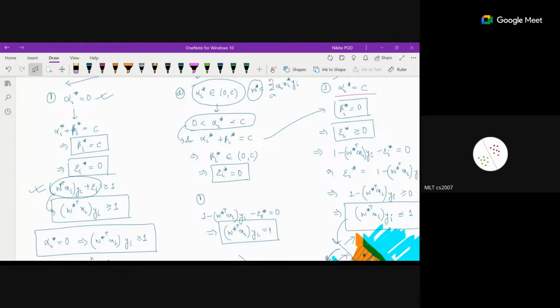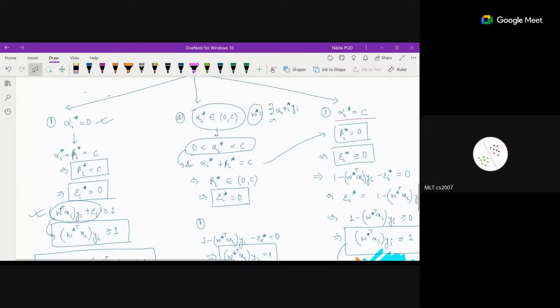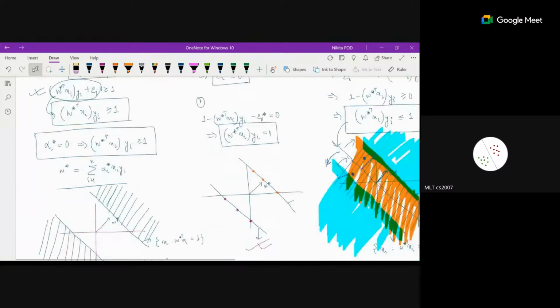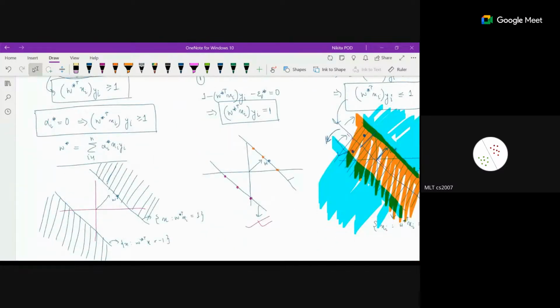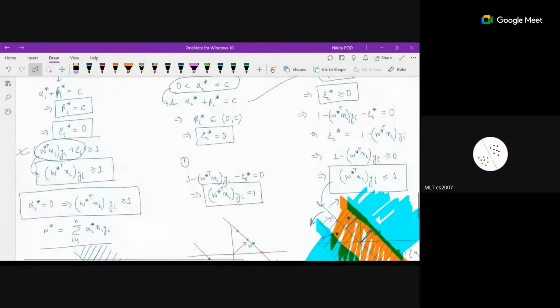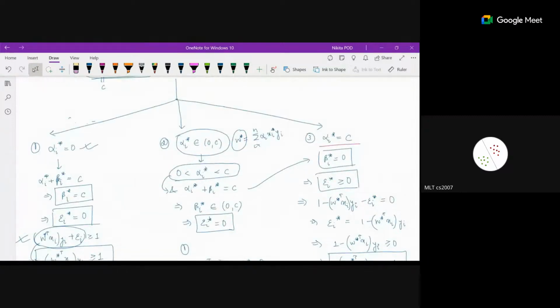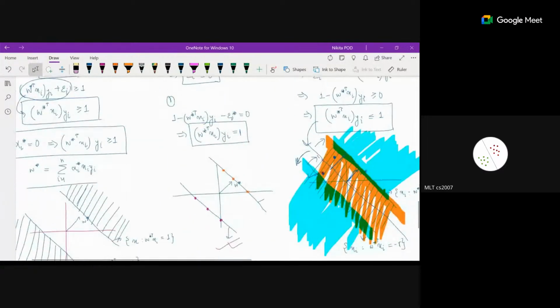So what we got here is that when your alpha i star was equal to 0, the points which are outside this hyperplane are not important to us. When my alpha i star belongs to this open interval 0 comma C, then these points I know are important to us, and these points lie exactly on our hyperplane.